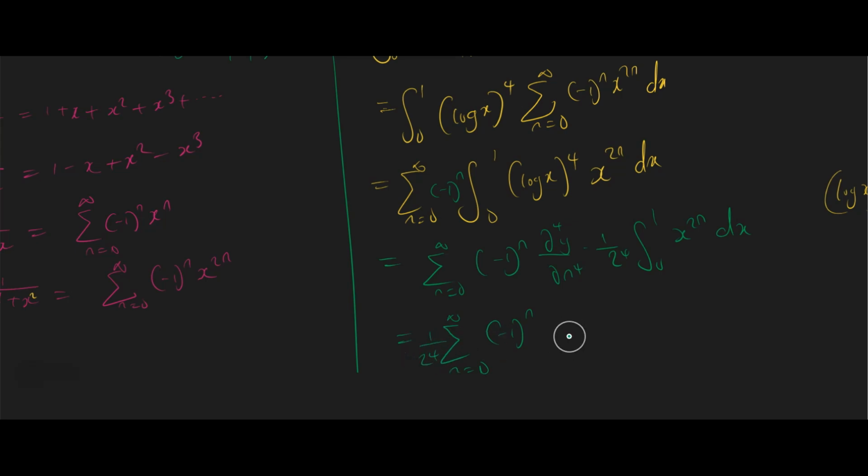Now for this case, this integral alone is just the fourth partial derivative with respect to n of 1 over 2n plus 1.